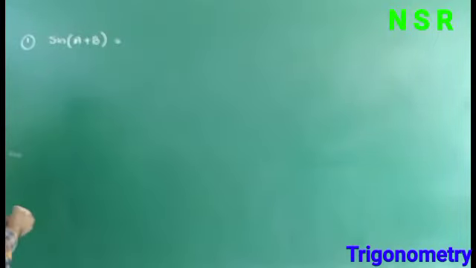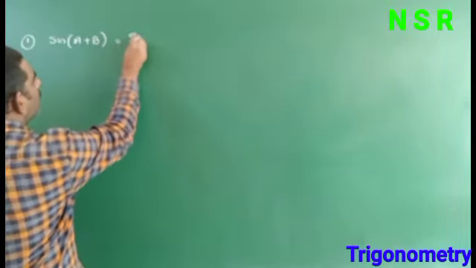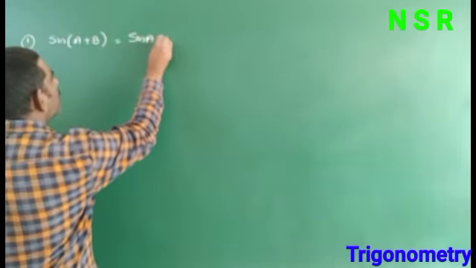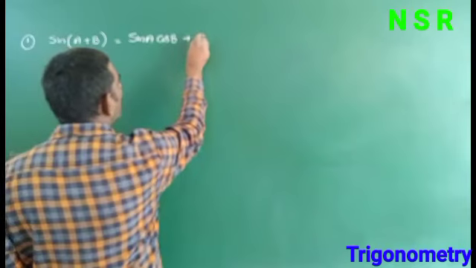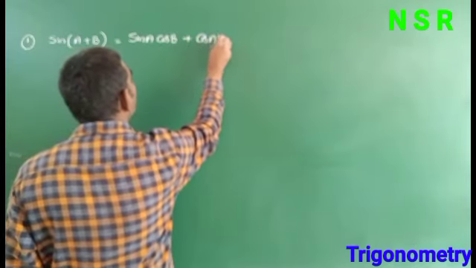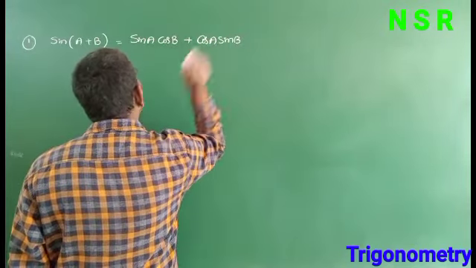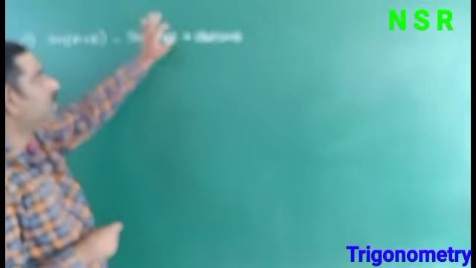So sin of a plus b you can write as sin a cos b plus cos a sin b. This is the compound angle formula of sin a plus b.